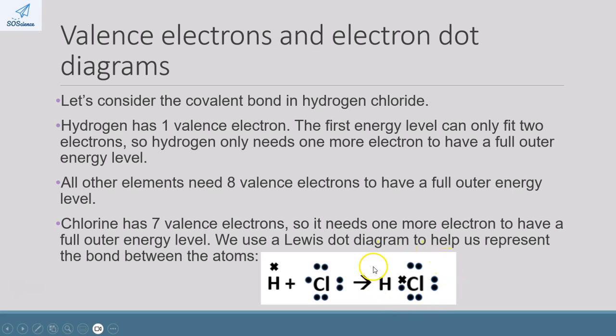So here we can see the covalent bond that forms in the case of hydrogen chloride, which is also known as hydrochloric acid.